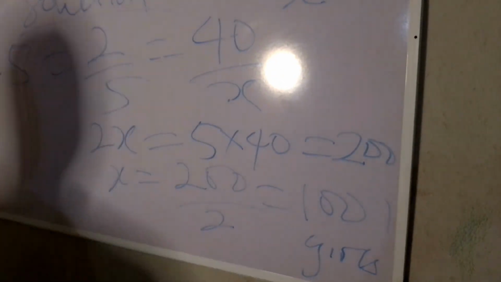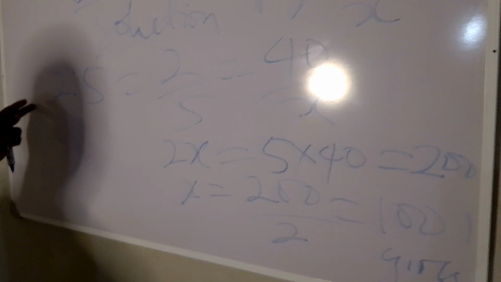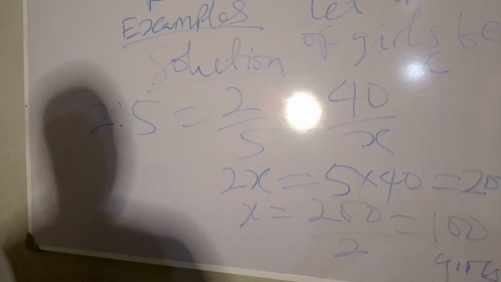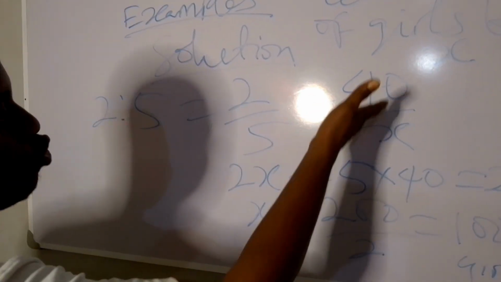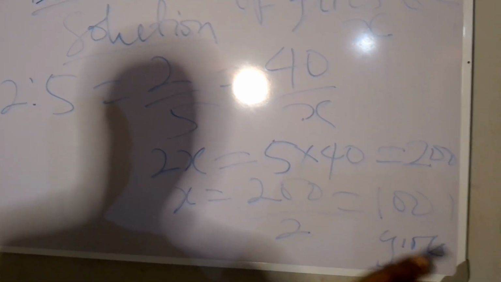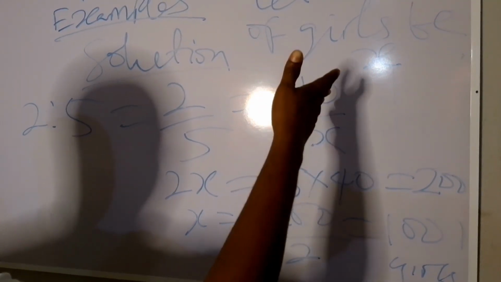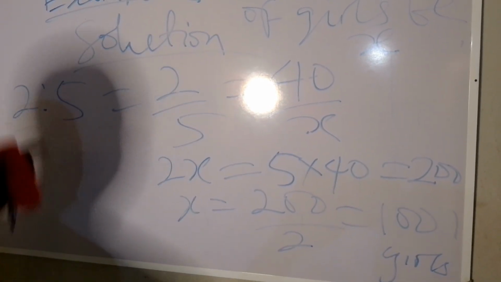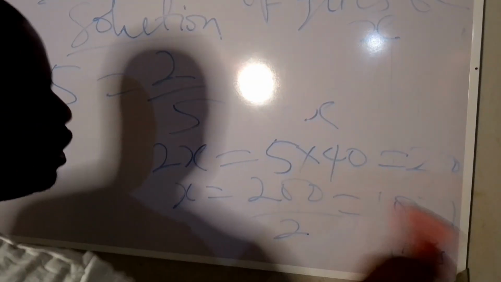If you want to confirm this, the question says the ratio of boys to girls is 2 to 5 and there are 40 boys. Since you know the number of boys and now we have gotten the number of girls, if you put it in a ratio and it gives you 2:5, you know that your answer is correct. Let's check.